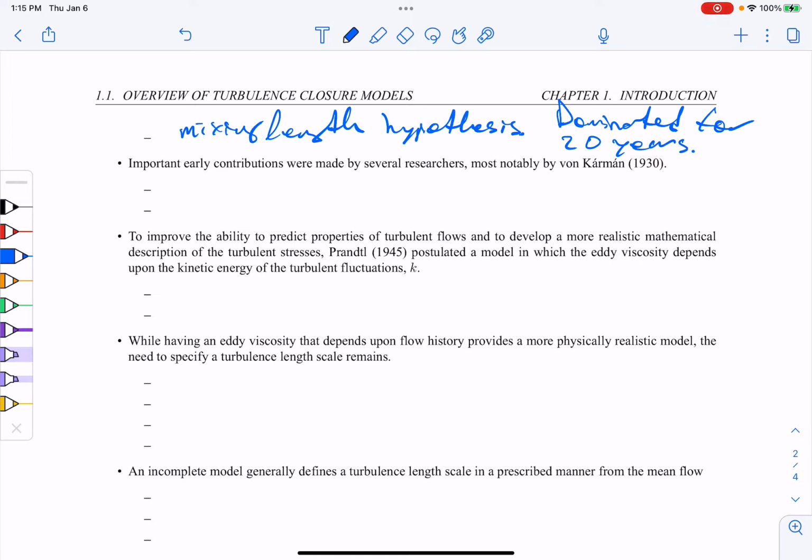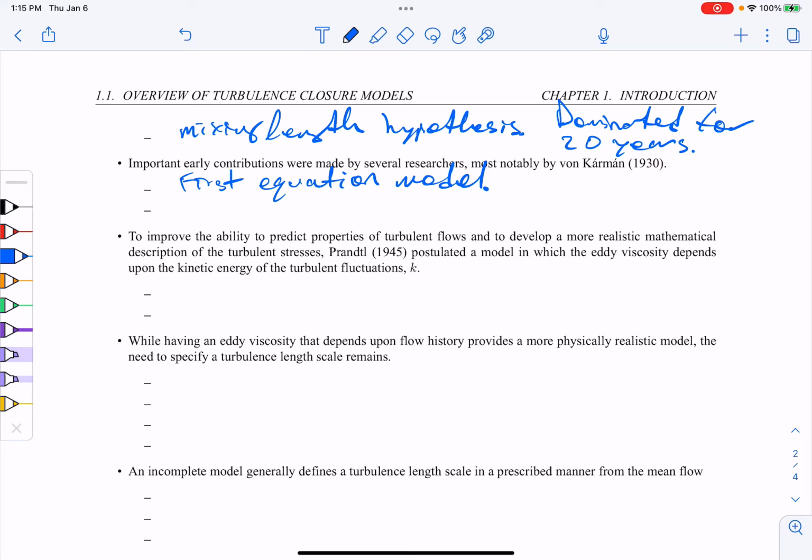And what did he do? Well, he created a model based on this mixing length hypothesis, and he created the first practical zero equation model. But of course, it was just on paper, and nobody could evaluate it, because we didn't have digital computers back then.